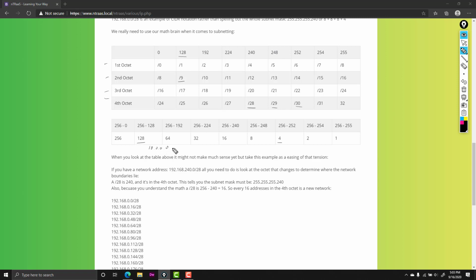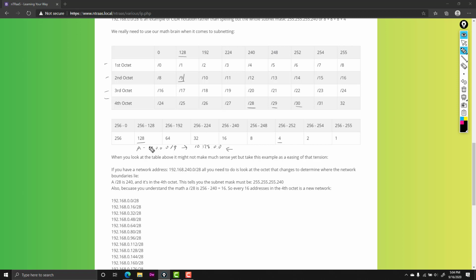10.0.0.0 with a /9. You'll see here in the second octet it changes. The first octet does not change, and we use a single bit. So we have 10.0.0.0 and 10.128.0.0. These are the only 2 networks we're going to have with a /9 in the Class A network range.